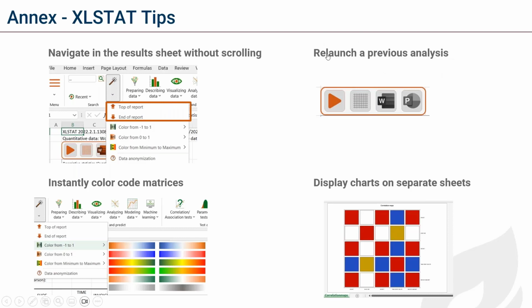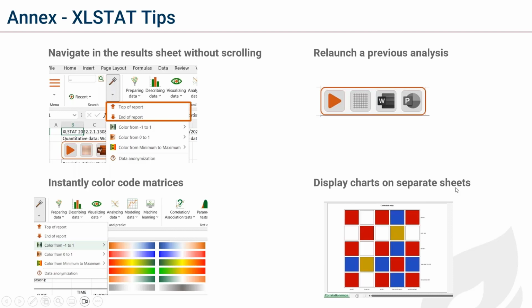As I mentioned, you can relaunch a previous analysis, instantly color code matrices. This is a very fast way of visualizing relevant information in your big matrices and results tables, and you can also display charts on separate sheets.